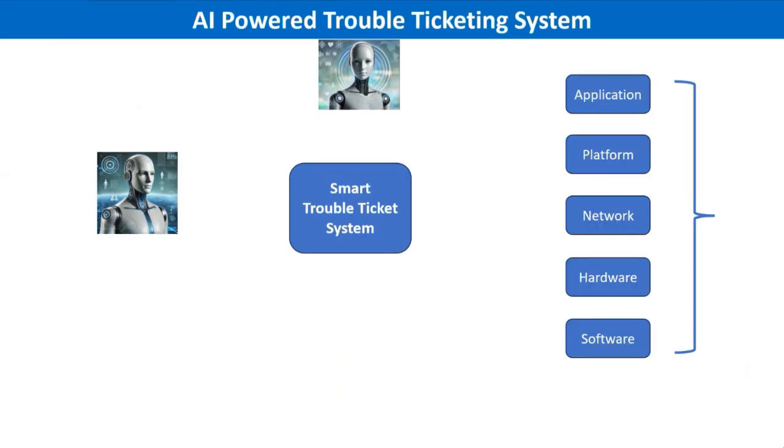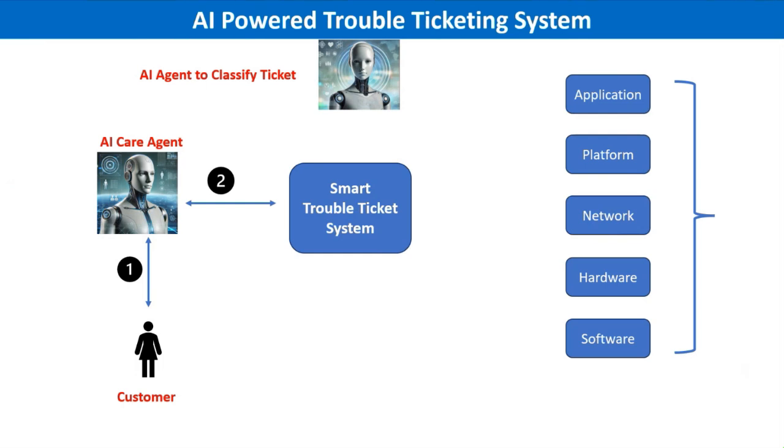When you call or interact with any customer care service, in the back end, they have something called a trouble ticketing system. For instance, in a typical IT sector, an end customer might call customer care to complain about an issue or inquire about a new service or product. When this happens, the customer care agent generates a ticket and issues a ticket number to the end user.